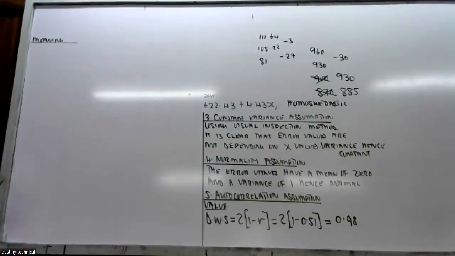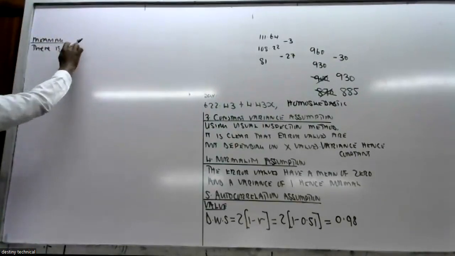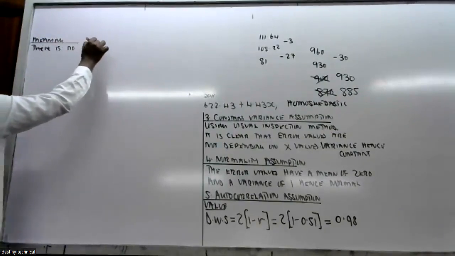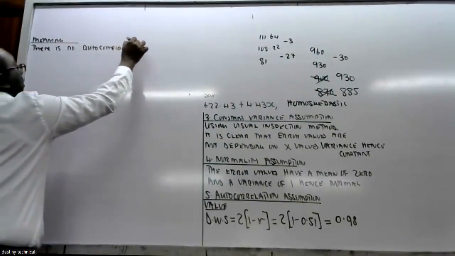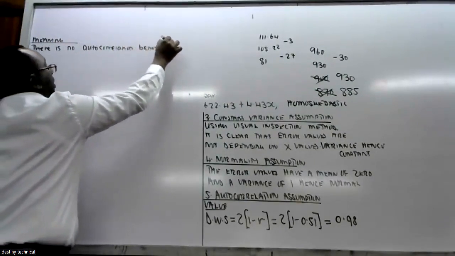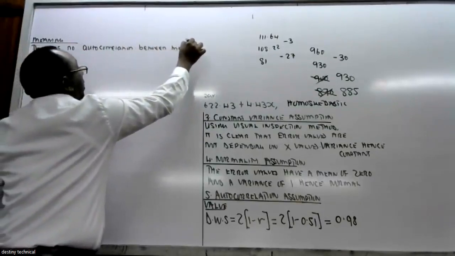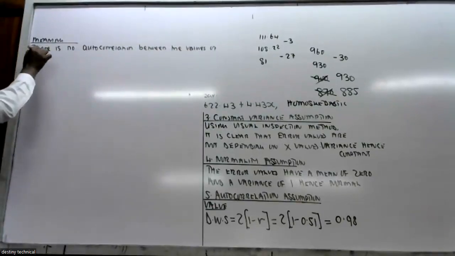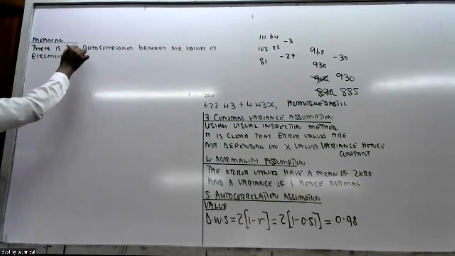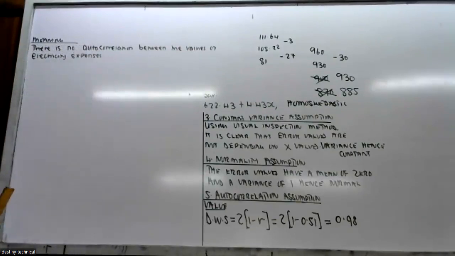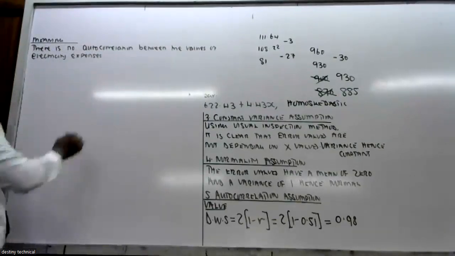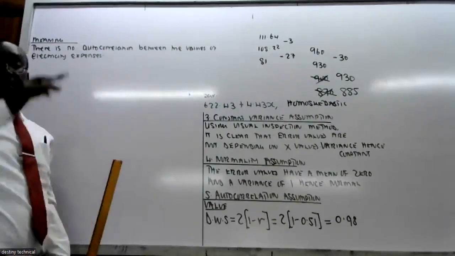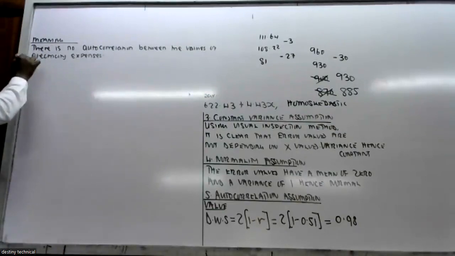So the meaning of that is there is no autocorrelation between the values of electricity expenses. Why are we saying so?